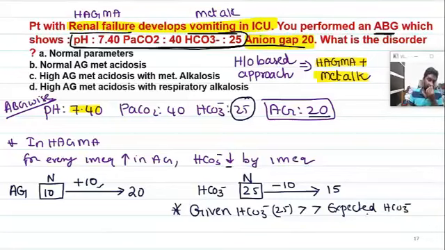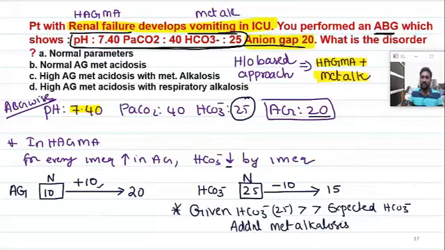So whenever given bicarbonate is higher than expected bicarbonate, there can be chances of additional metabolic alkalosis. So there is some other disorder which has added bicarbonate to the patient's body, bringing it to 25. Now, within the given history, is there any disorder capable of adding bicarbonate to the body? Yes, vomiting. It causes metabolic alkalosis, that we know.